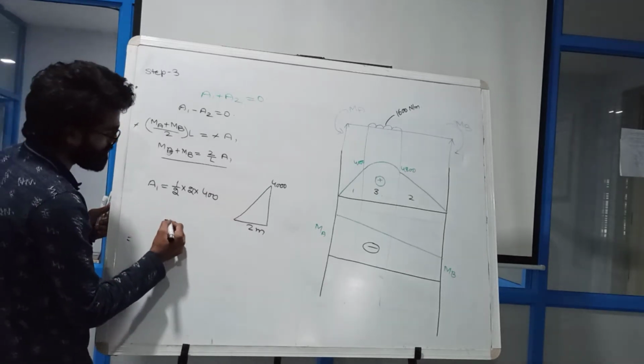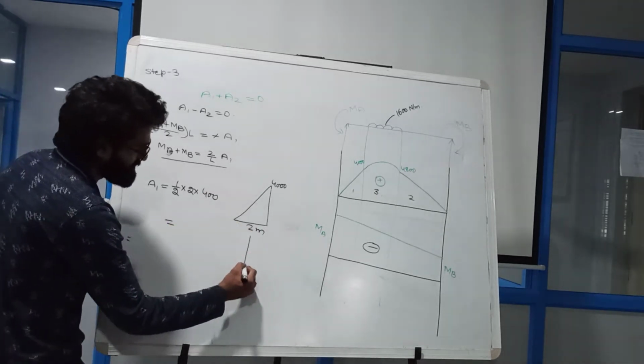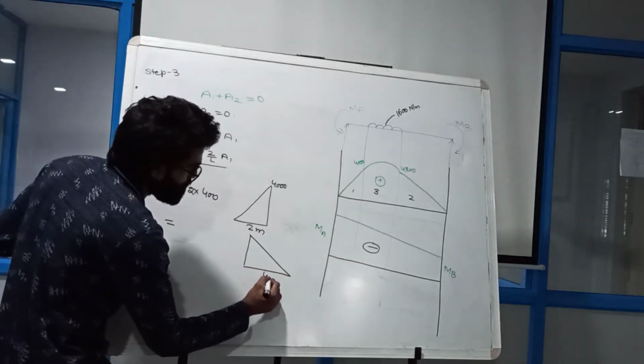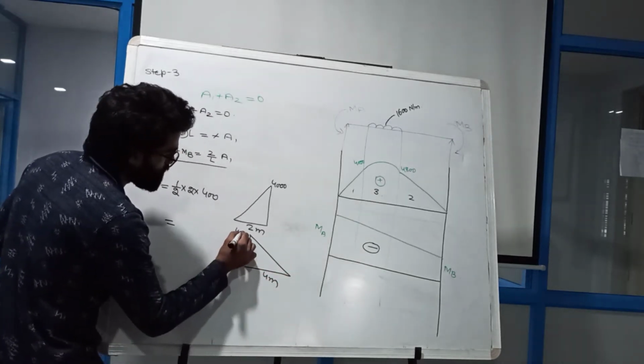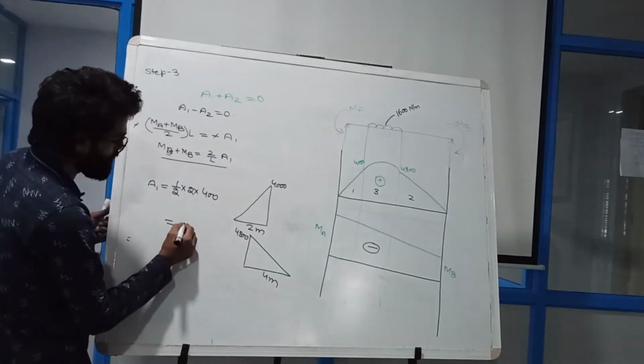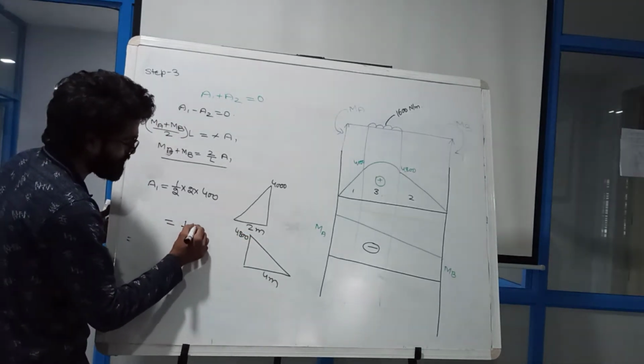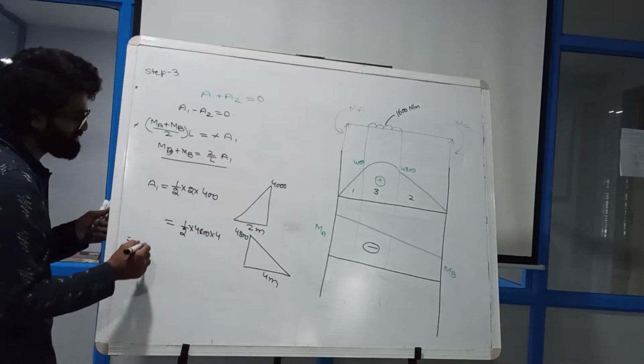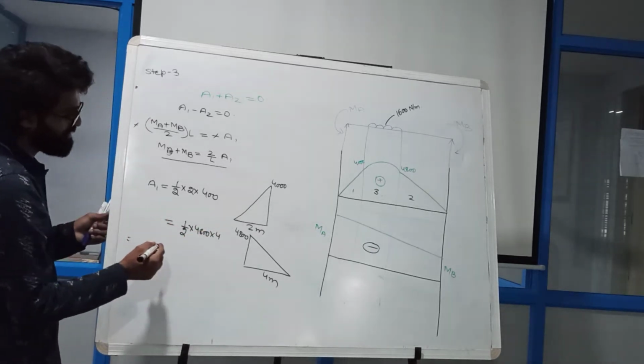Now let us calculate for figure 2. So let us take this figure 2. What is figure 2? This is the 4 meter, and this is the 4800. So how will I calculate? 1 by 2 into 4800 into 4. This is my second figure diagram.